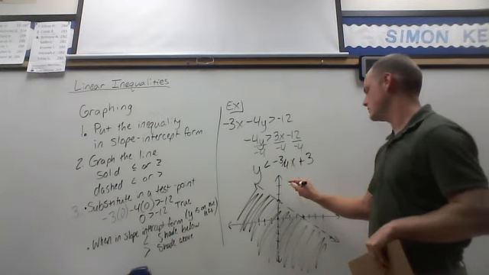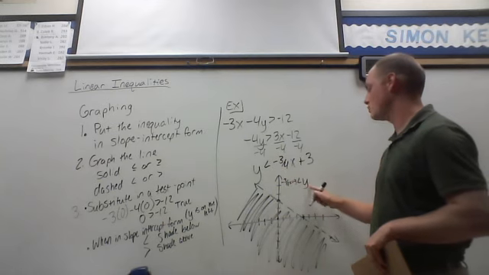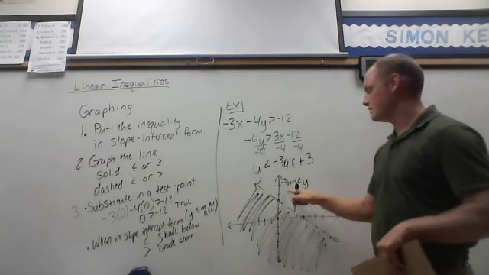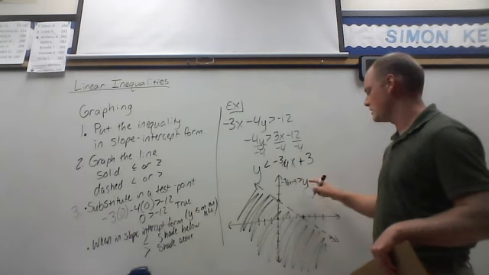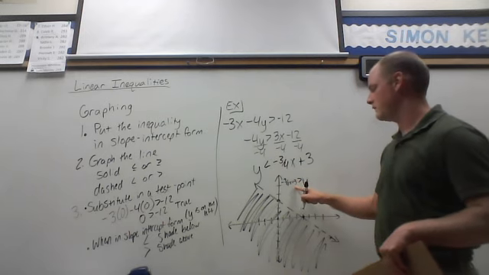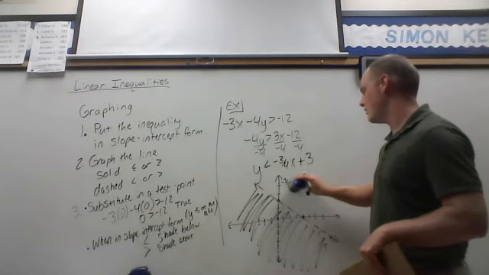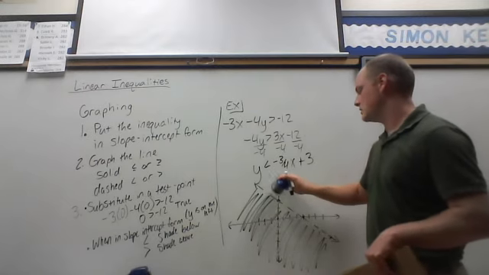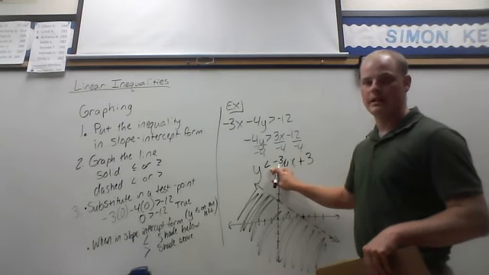Say it looked like this. That says y is bigger than this, so that would actually be shading above. If it was this way, that says y is less than all of this stuff, so that would be shading below. If you always put the y on the left, though, then you will have no problems. It's either above or below based on if this is greater than or less than.